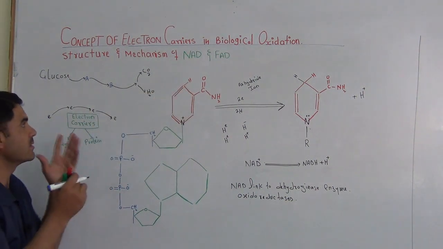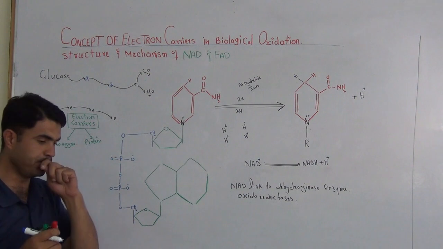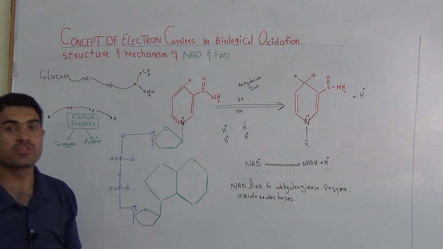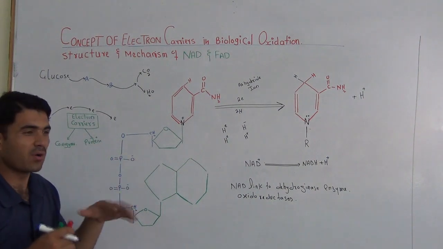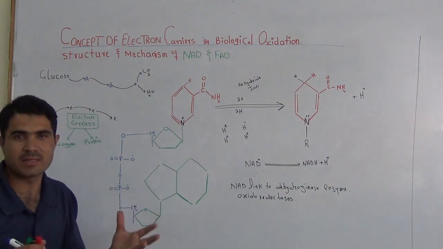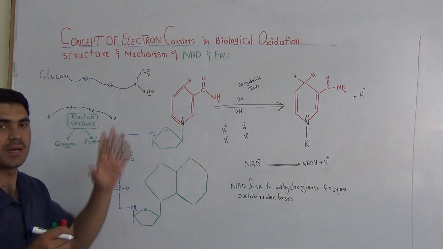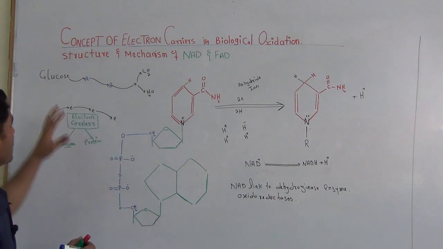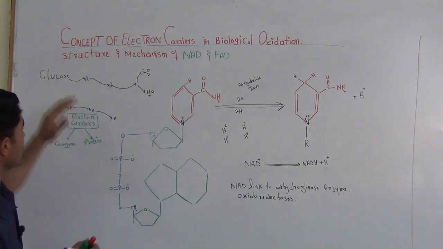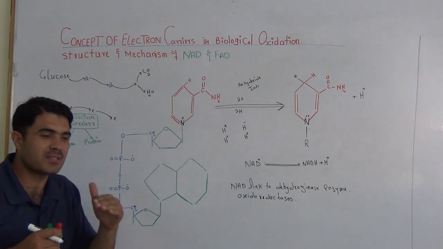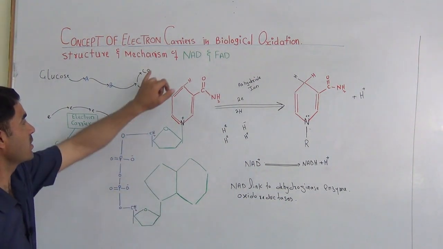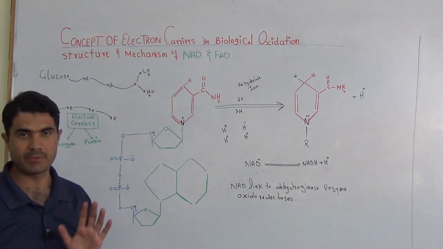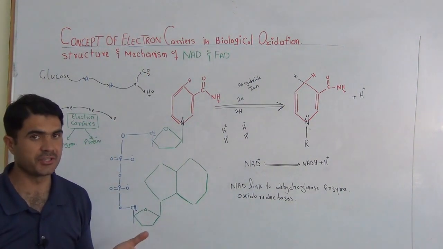We call this step the oxidation of glucose, right? I'm not going to write all the real structures in between, but I'm just giving you the idea that the oxidation of glucose means glucose is broken down step by step, one structure into another structure, and finally we get carbon dioxide and H2O, right? This is called oxidation.